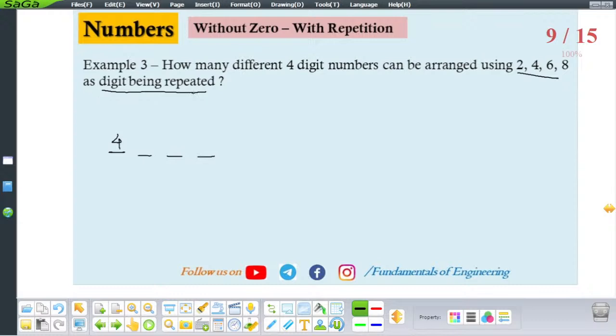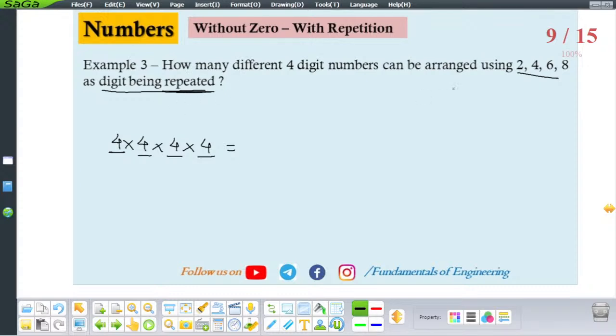Because the condition is that digits can be repeated, we can use those 4 digits again in the second position, again in the third position, and again in the fourth. So all 4 digits can come in the first, second, third and fourth positions.